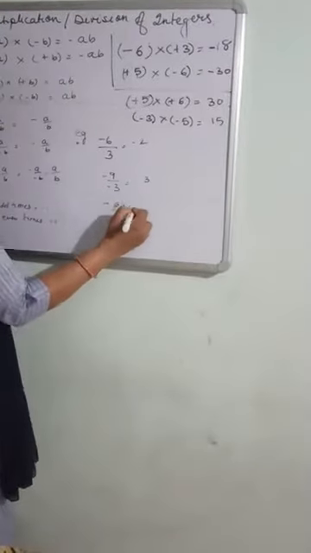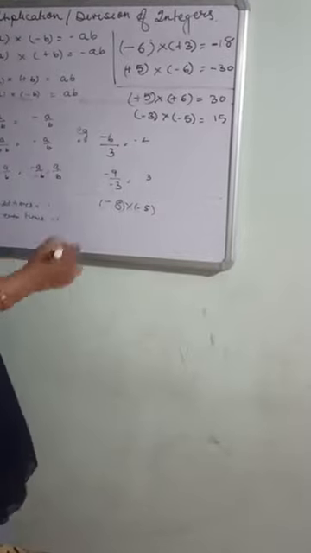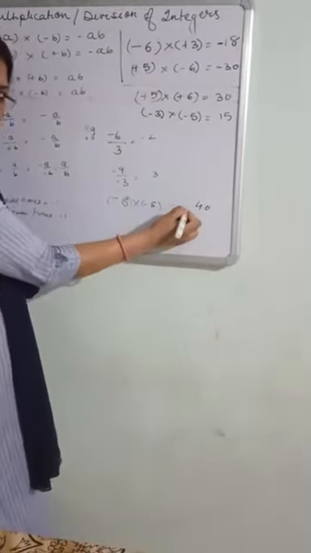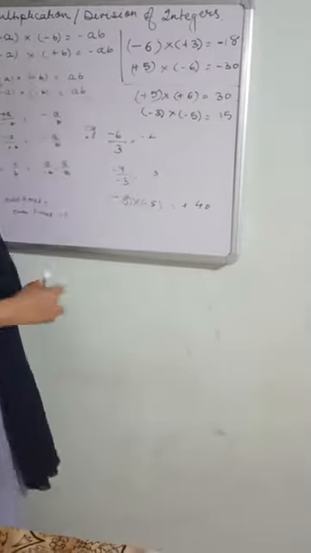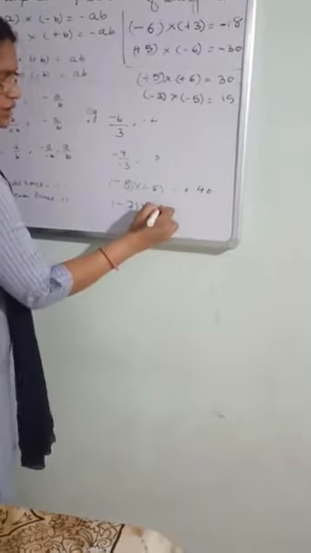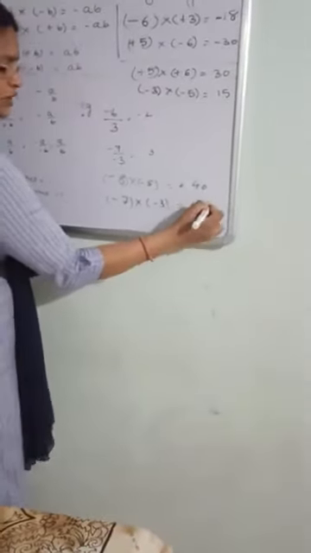Minus 8 into minus 5. Quick answer. 8 5s are how much? 40. It is plus or minus? Plus. And if it is minus 7 into minus 3, again plus 21.